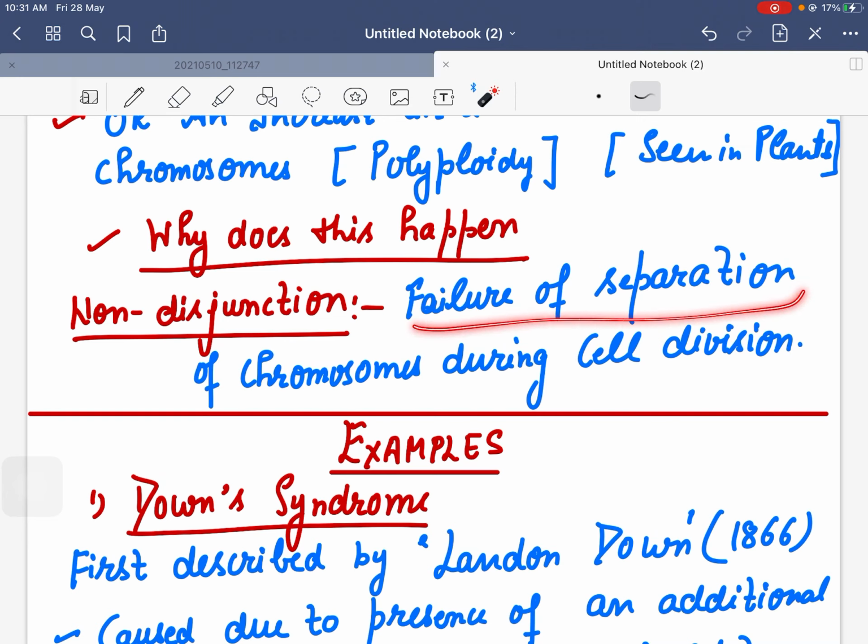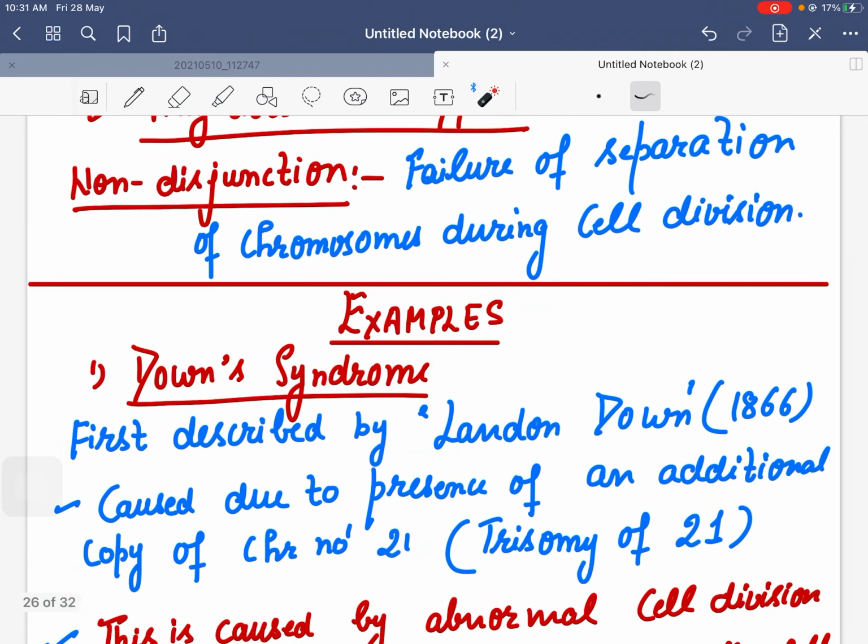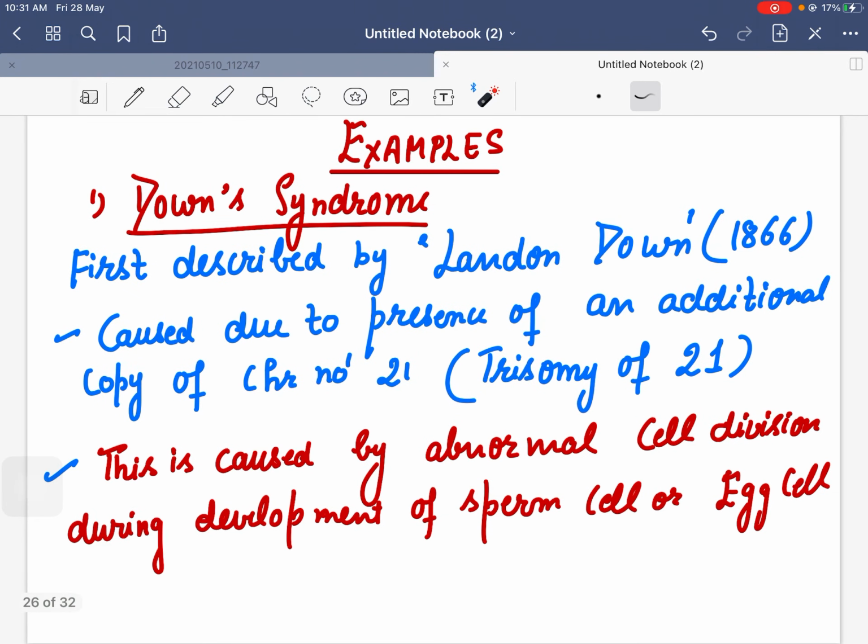So as you know, when there is sometimes failure of separation of chromosomes, then the condition of additional number of chromosomes sometimes happens. Now the examples given in NCERT, there are 3 examples, but I will take 4-5 examples here because we have to prepare for our NEET also.